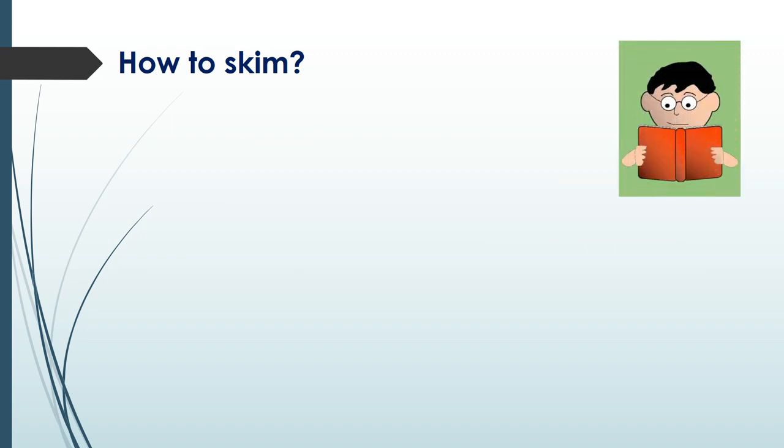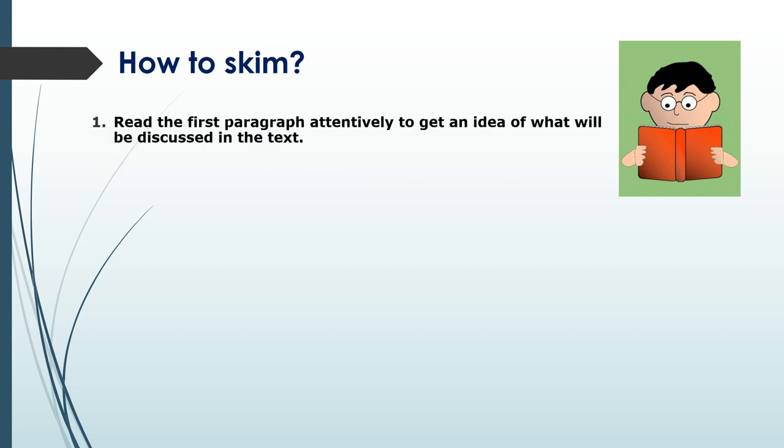Now, how to skim? This is the process. As mentioned in the previous line, one has to read the first paragraph attentively, because it is usually the introductory paragraph. If it is a longer text, it is divided into paragraphs, and the first paragraph is always the introductory paragraph.